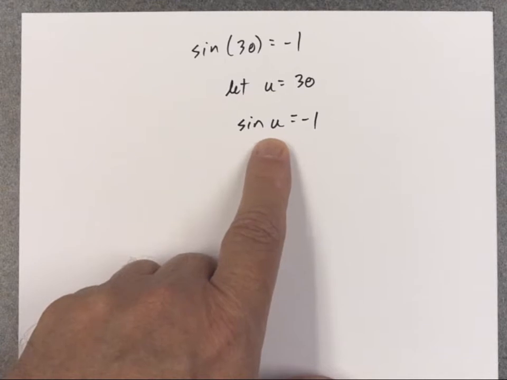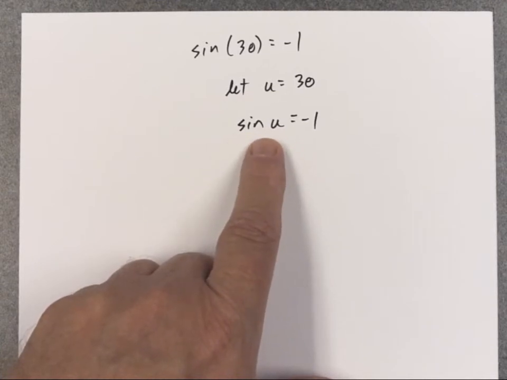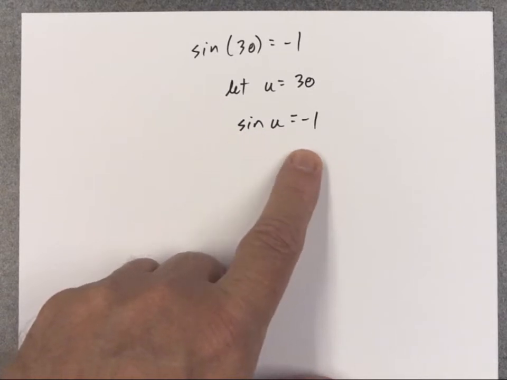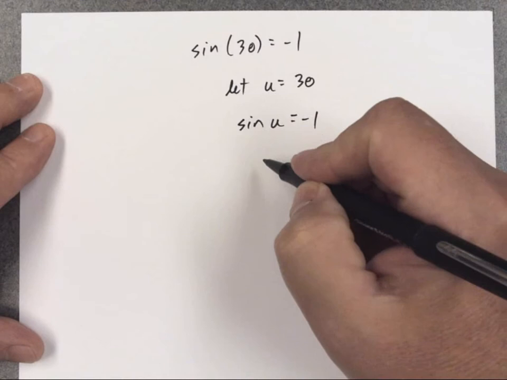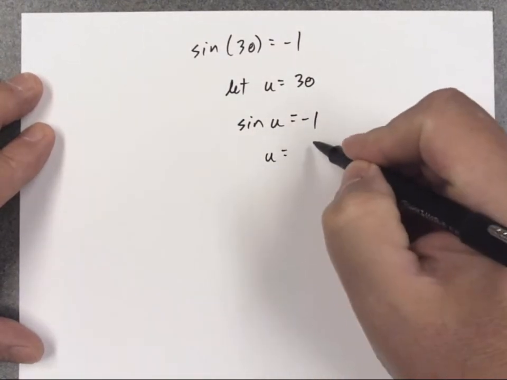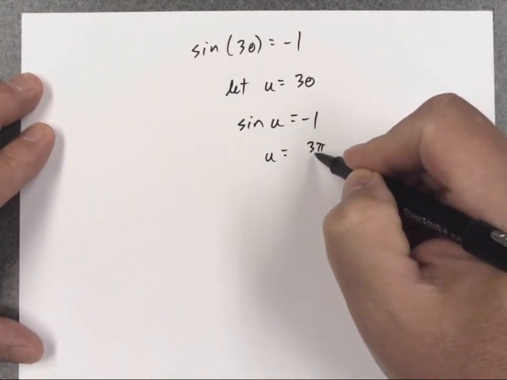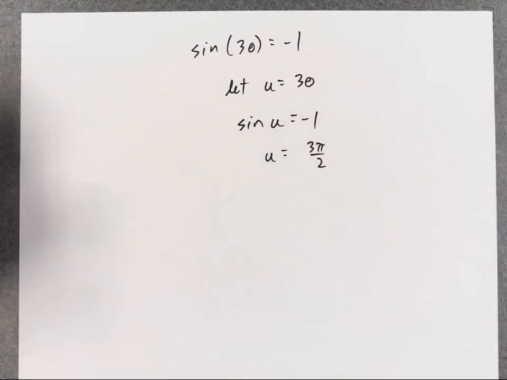So let's think about this. I'm looking for an angle u where the sine is -1. In one trip around the unit circle, that only occurs once, and that's when the angle is 3 pi over 2. Once again, how did I know that?